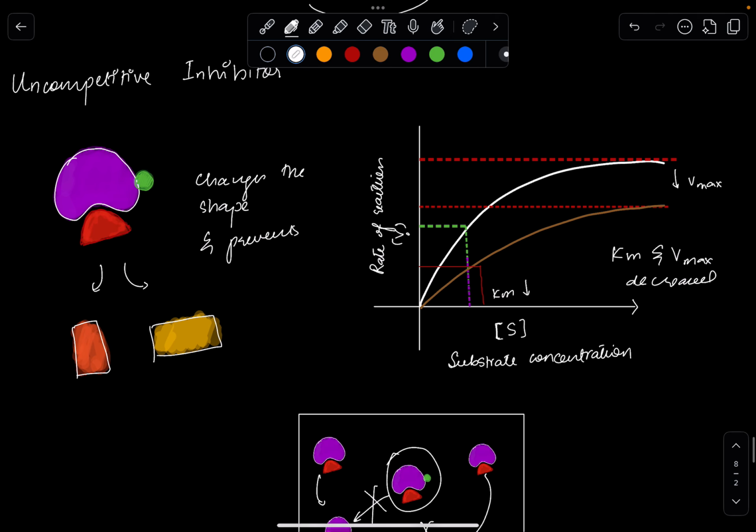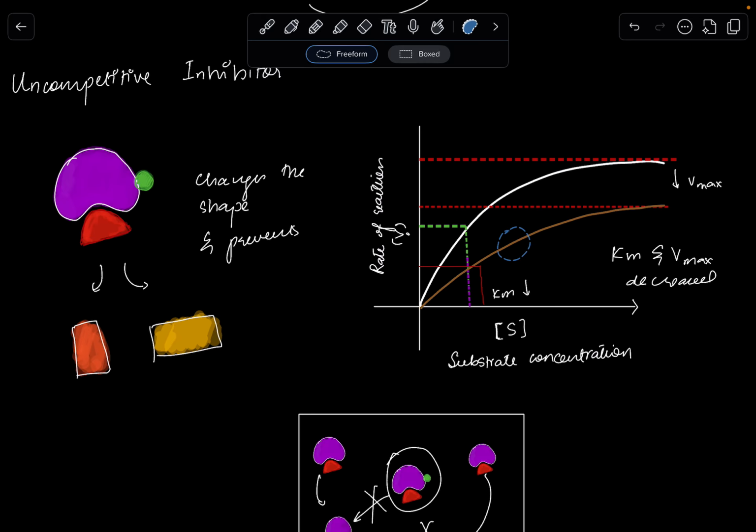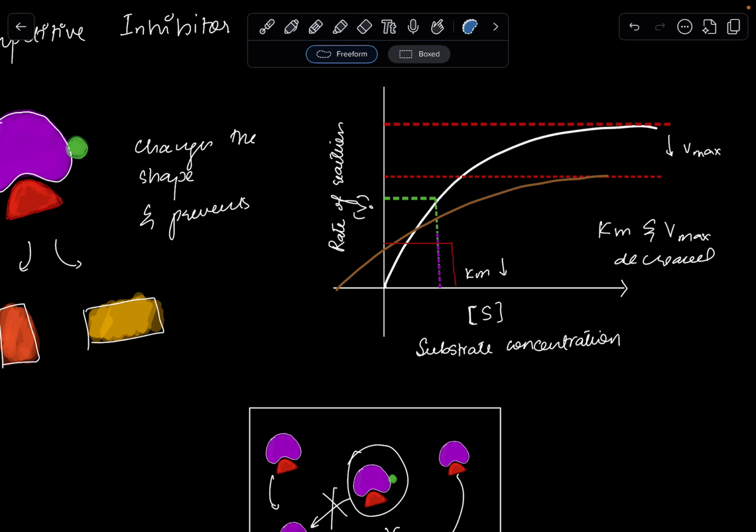One thing: I said Km decreases, but I moved Km to the right. That is wrong. I have to move it to the left, because I said Km decreases. So when I said I have 30 people in my call center working, what is half of that? What is half of 30? 15, right?